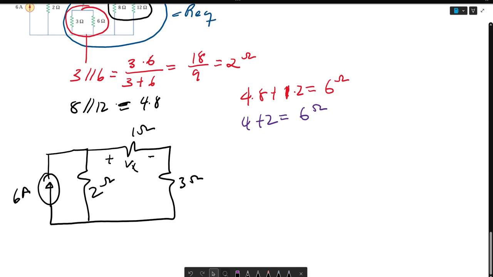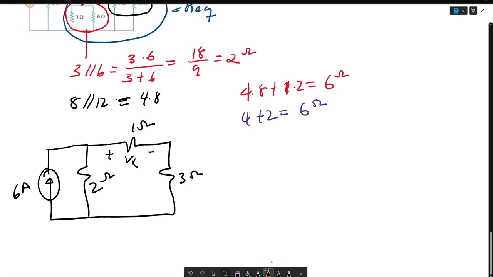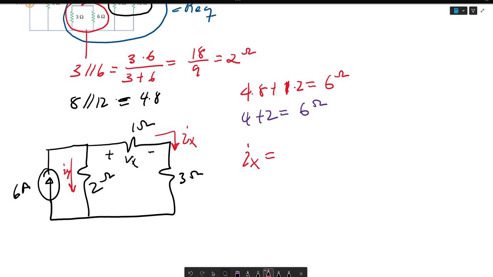And there are many different ways you can solve this circuit. You could say that you want to find Ix. And if you remember, from our current division problem, Ix is the resistor that Ix is not flowing through. So this here is like Iy.